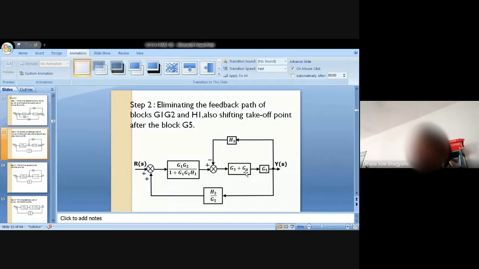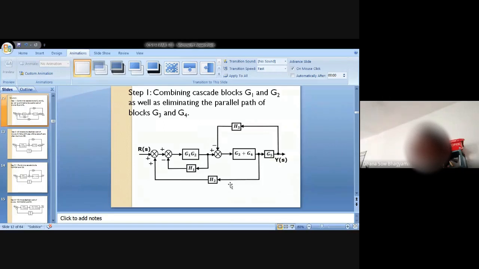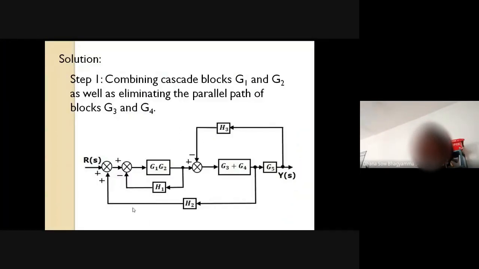So you can move the branch point either way, this side or the other side. When I move the lower branch point ahead of the block, one block will be introduced here.